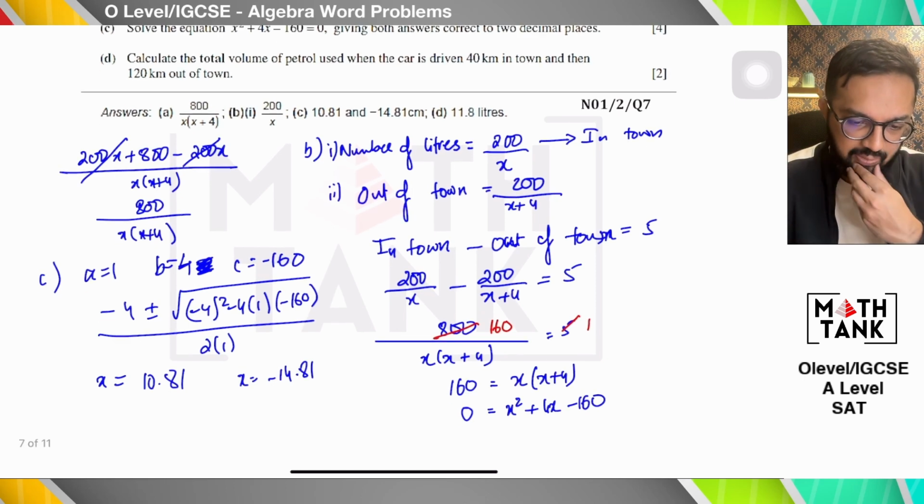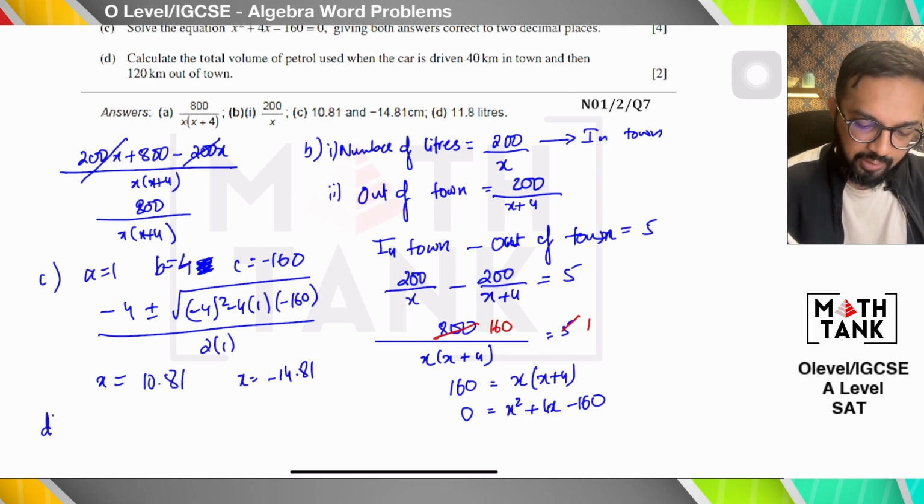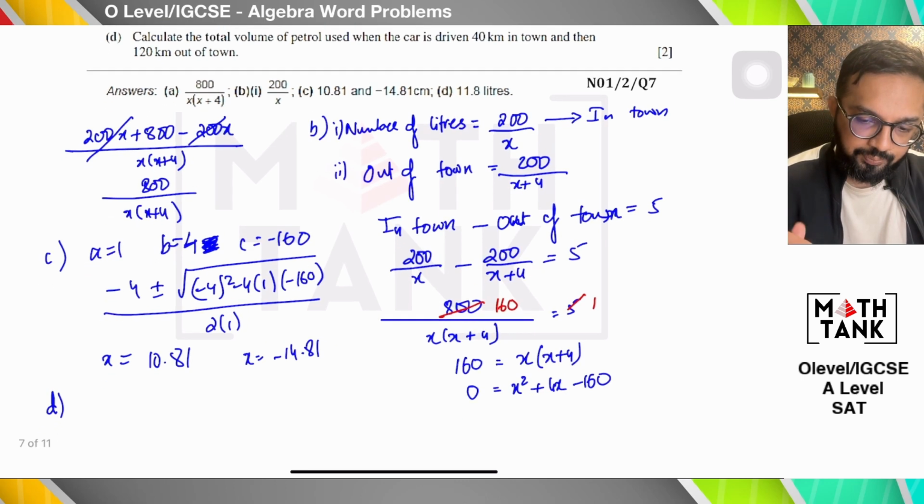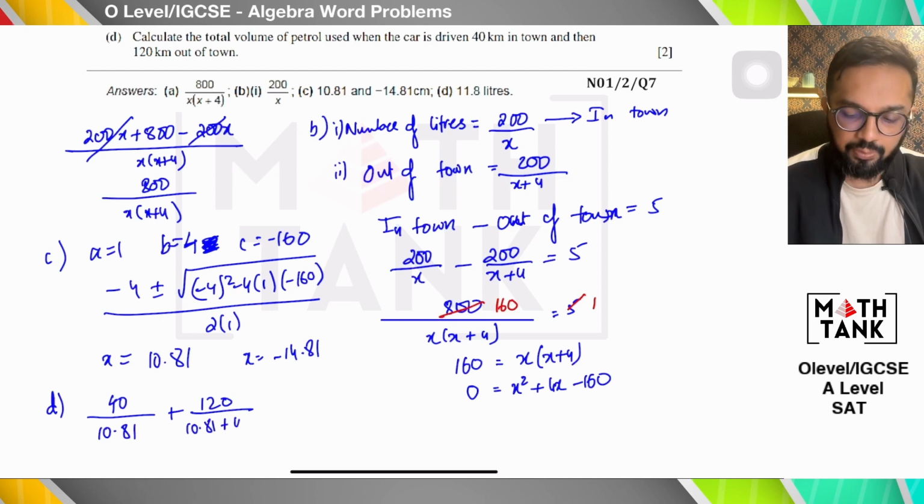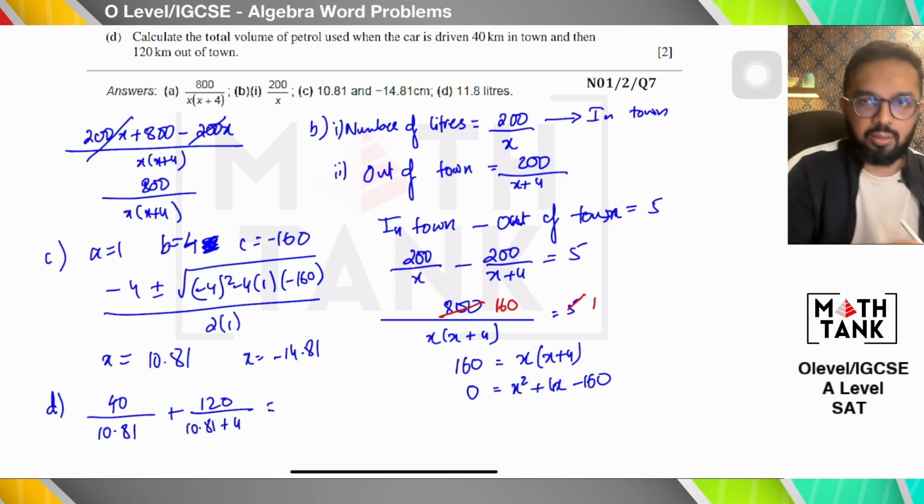It says part D, calculate the total volume of petrol used when the car is driven 40 kilometers in town and then 120 kilometers out of town. Okay, 40 kilometers in town, so 40 over 10.81, and then 120 over 10.81 plus 4. I'll ignore the negatives. Why?